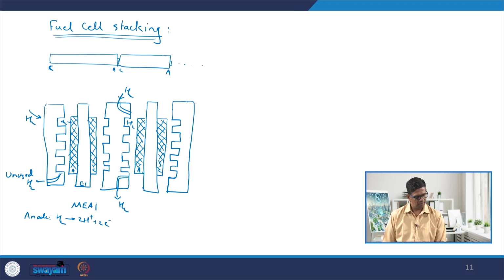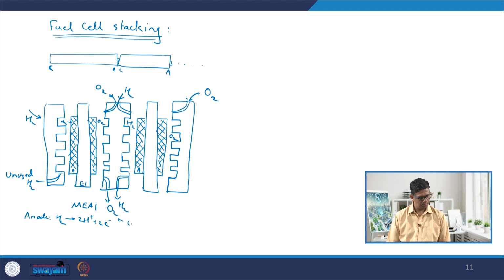Then we have oxygen being supplied to the cathodes of both cells. This is oxygen, and then we also have O2 here. We also have to ensure that there is no mixing.